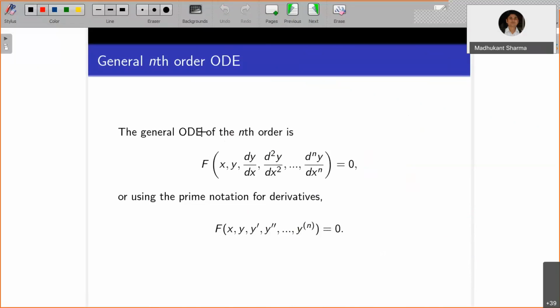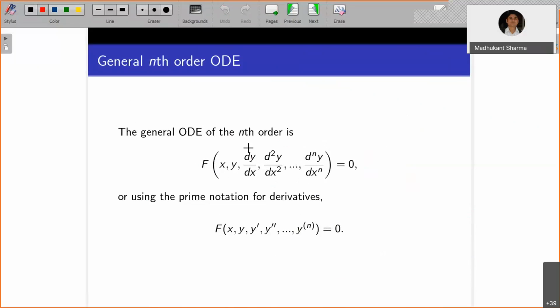So now, the general ODE of the nth order is given by this. See, it's a general function f of x, y, dy by dx, d square y by dx square, up to the nth derivative, so the total number of arguments is n plus 2. Don't think that this is an n plus 2 variable problem.